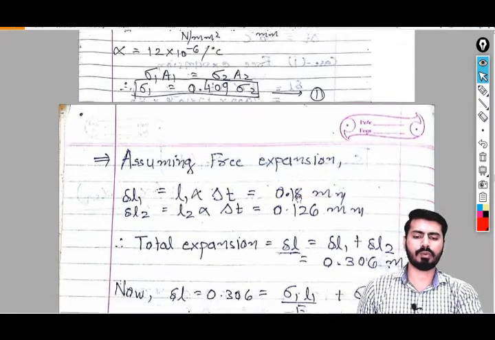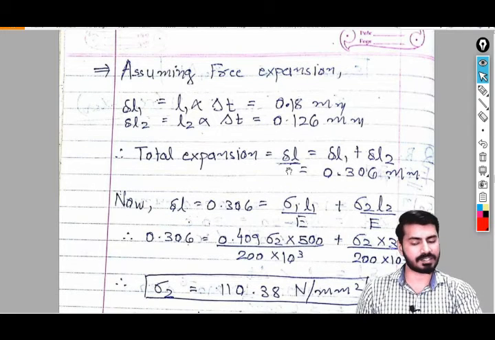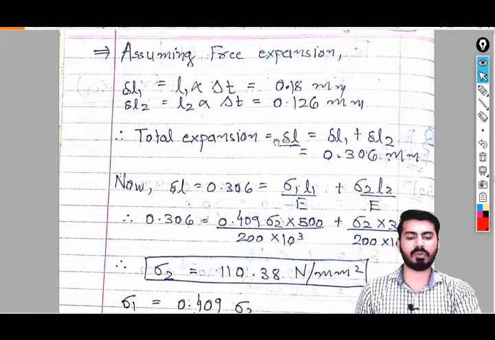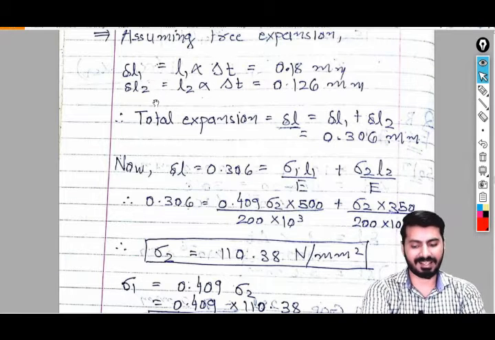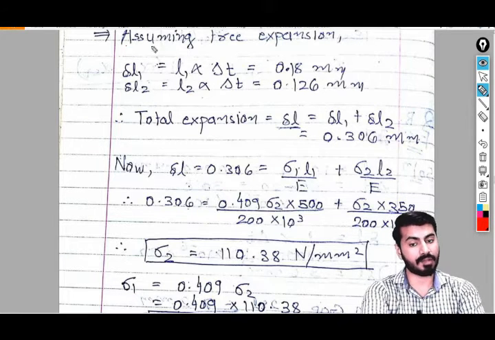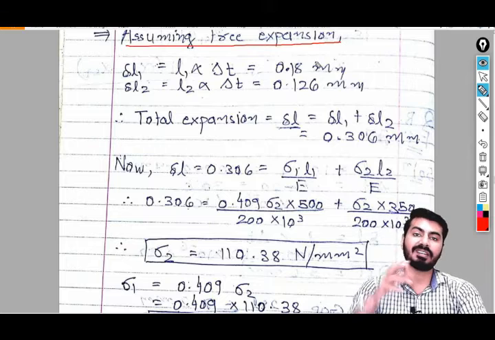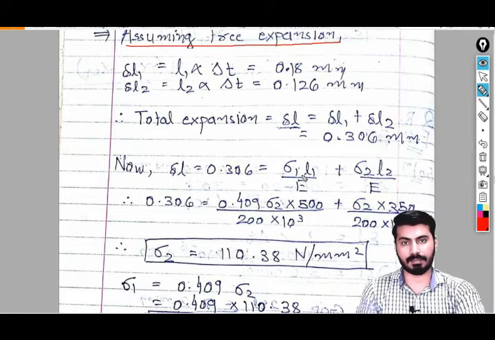Now we are going to move forward to the second case. The second case itself was like this. This was our second case. We assume, as I have clearly written over here, that free expansion is happening in this particular case.